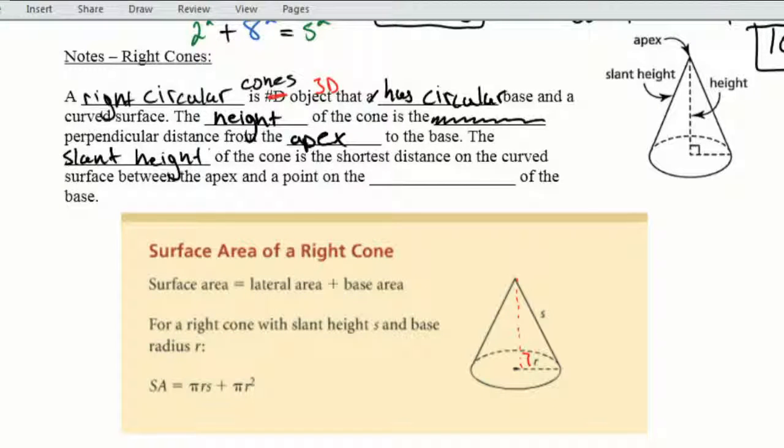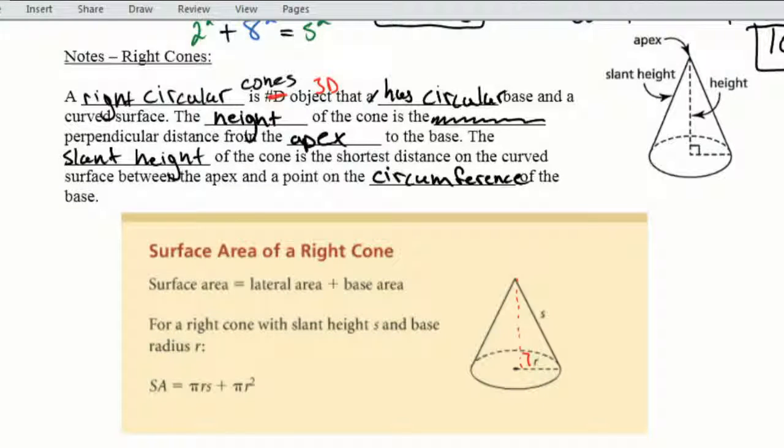It's the shortest distance from the curved surface between the apex down the side. And another sort of math word when we talk about circles is the last blank here. So the shortest distance around the curved surface between the apex and a point on the circumference of the base.